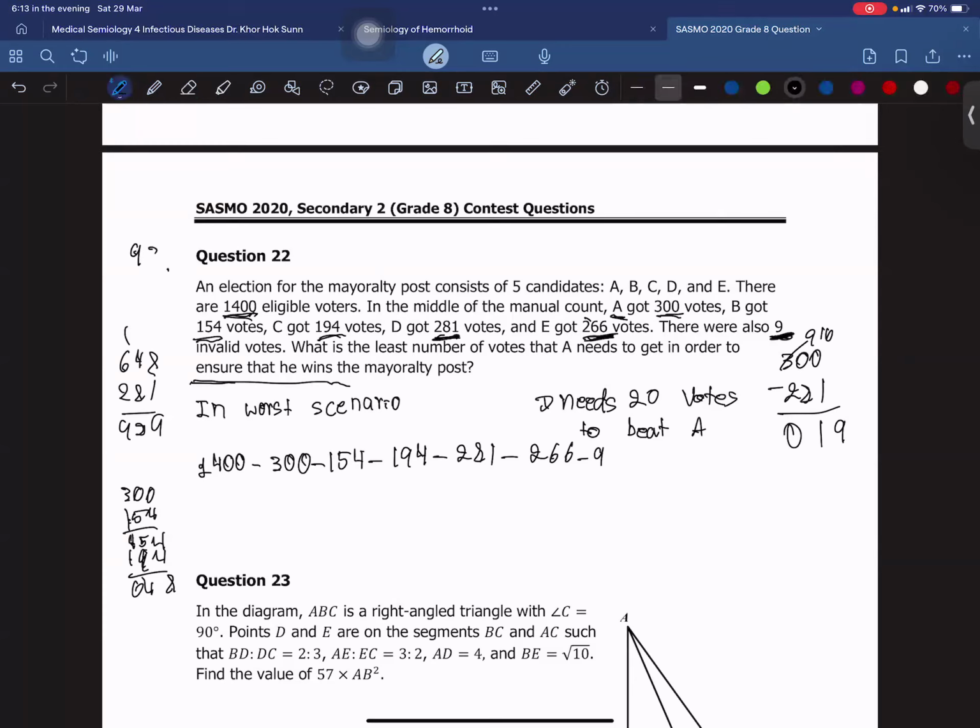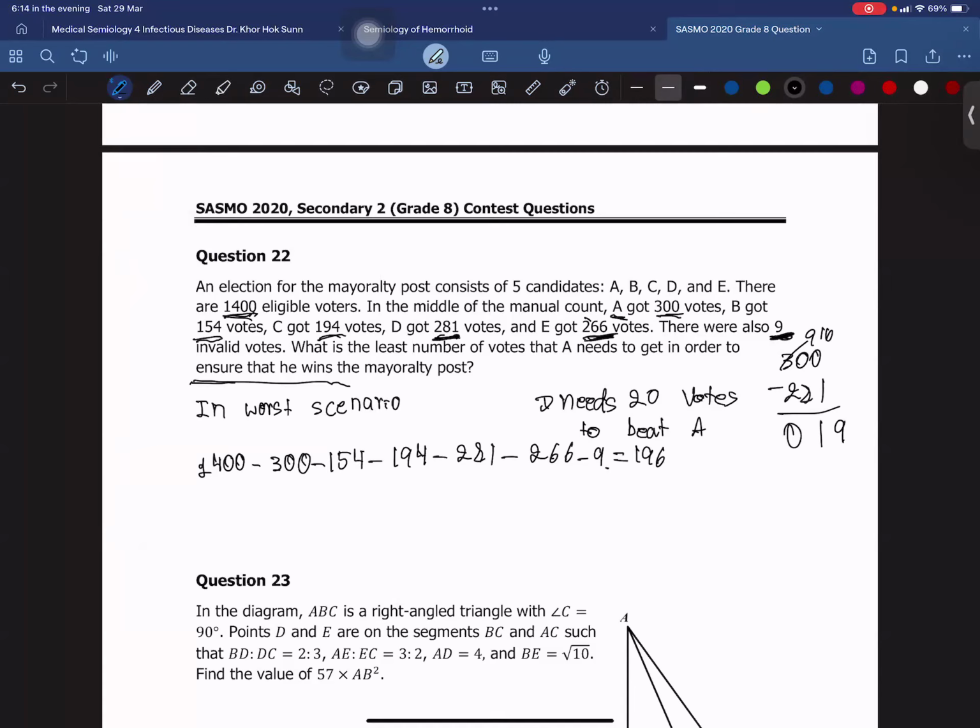So it's going to be 196. Okay, this is the number of people who are not voting for anyone.